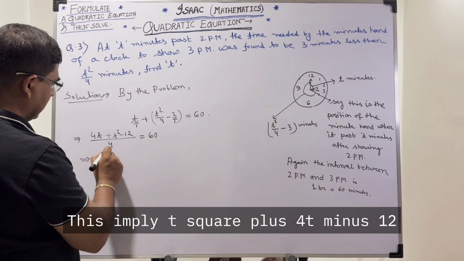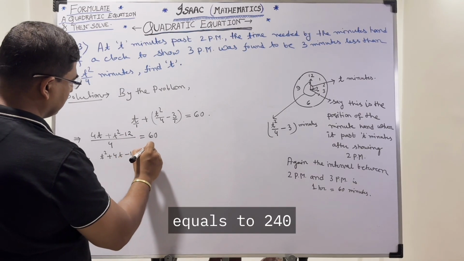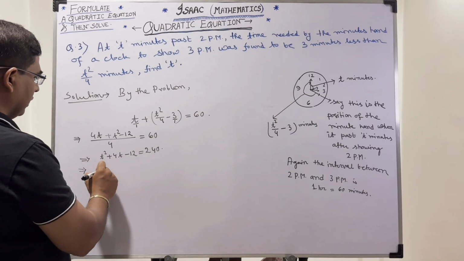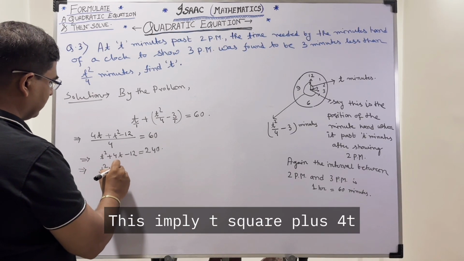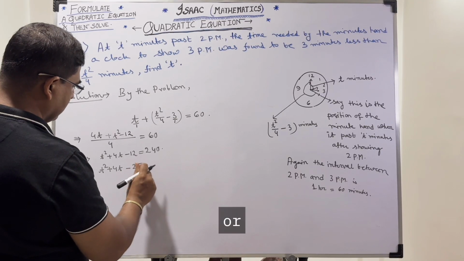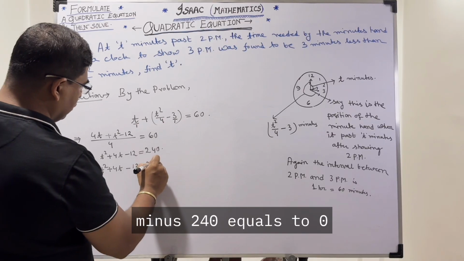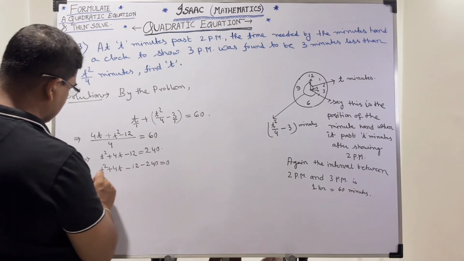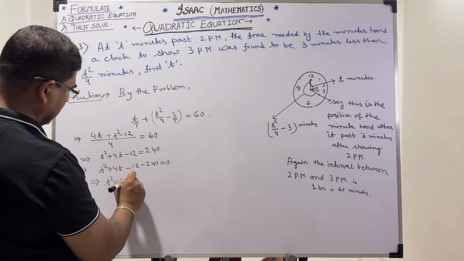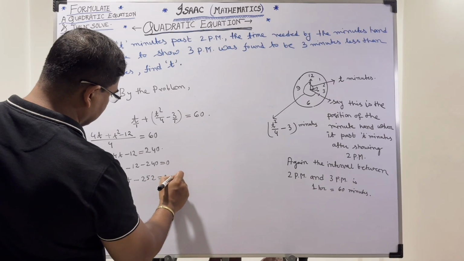This implies t square plus 40 minus 12 equals to 240. This implies t square plus 40 minus 252, or minus 12 minus 240 equals to 0. So this implies t square plus 40 minus 252 equals to 0.